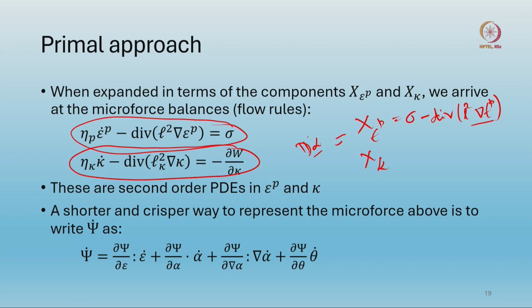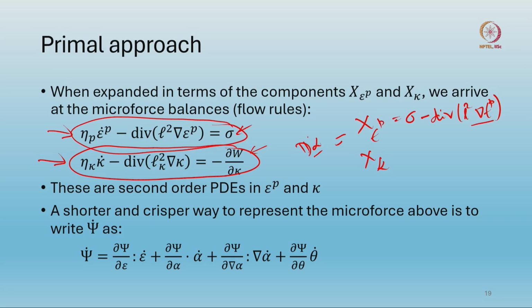And you see what actually is the role of sigma in the first. Sigma, that is the stress, is acting as an external force, a source term in this partial differential equation for epsilon p. Similarly, minus del W by del kappa, which is basically the hardening force, the thermodynamic force associated with kappa dot, associated with the rate of hardening, is acting as a force to this partial differential equation for kappa, the internal variable.